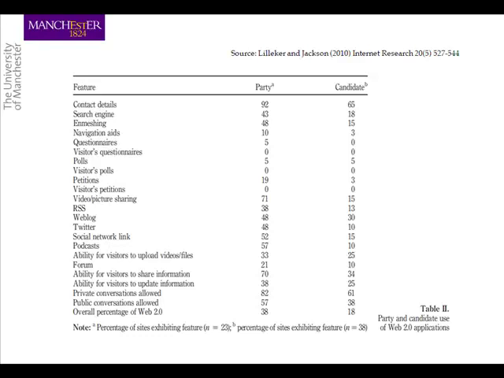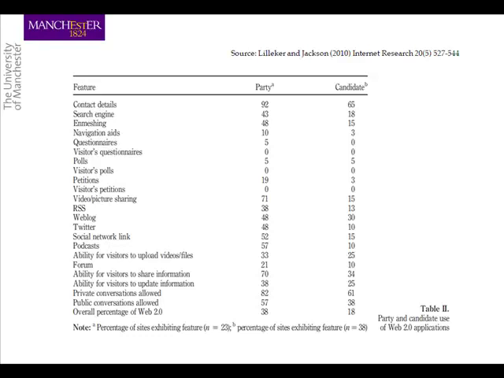You'll see what was present in the Web 1 days to a degree, but they've tried to incorporate Web 2 elements: if they've got a weblog, if they use Twitter, if they've got a social network link from the site, if they allow visitors to share information, if they allow visitors to update information, a level of interactivity, and use of RSS.